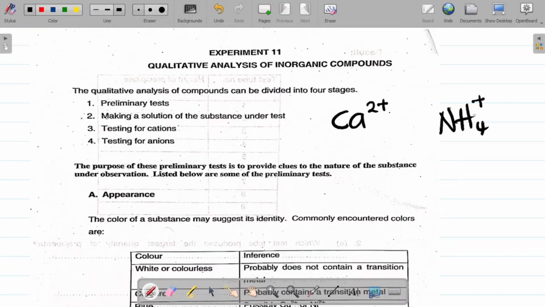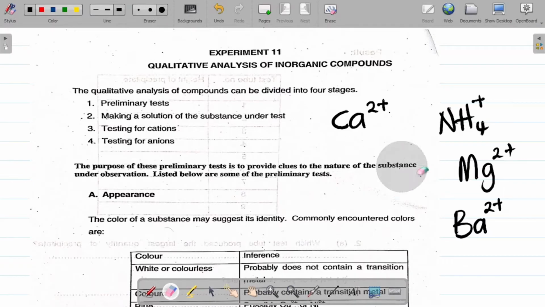This ammonium ion is also a cation because it's positively charged. Other cations include the magnesium ion and the barium ion, etc. So when we say cation, we mean ions that have positive charges.